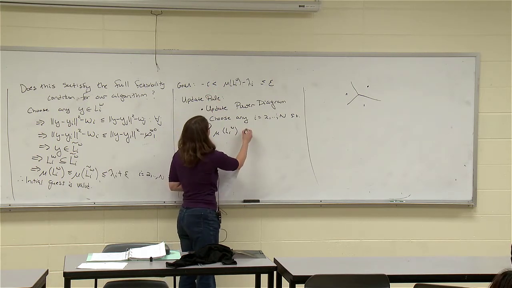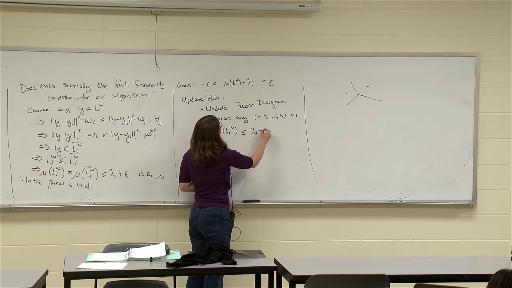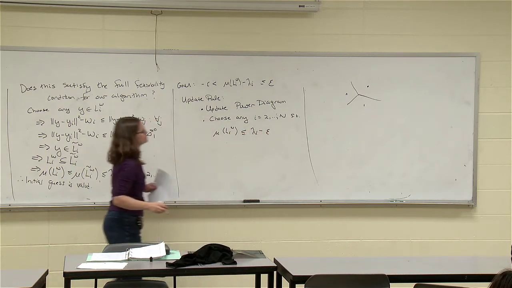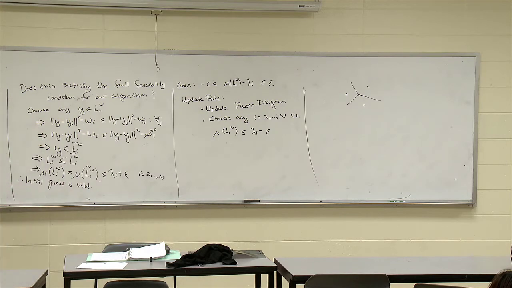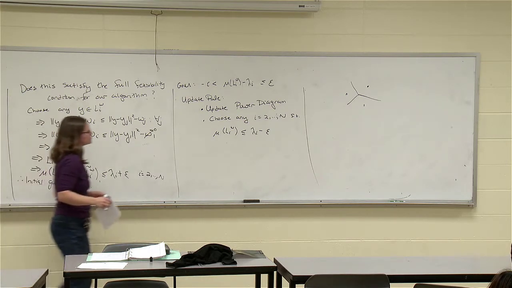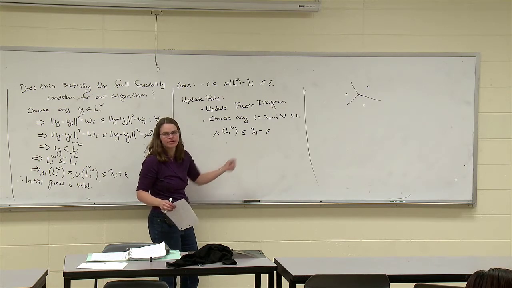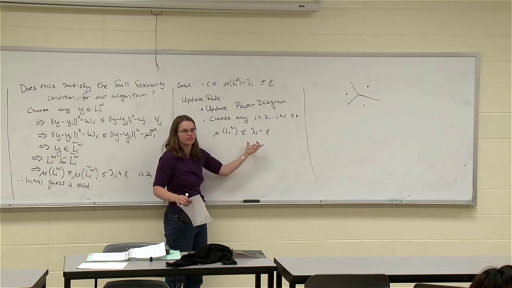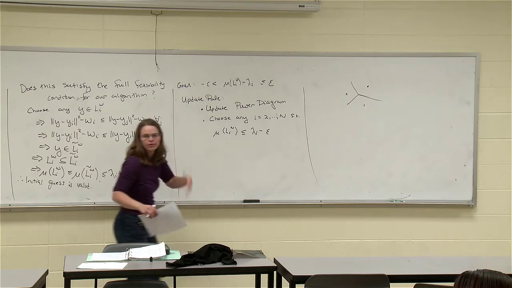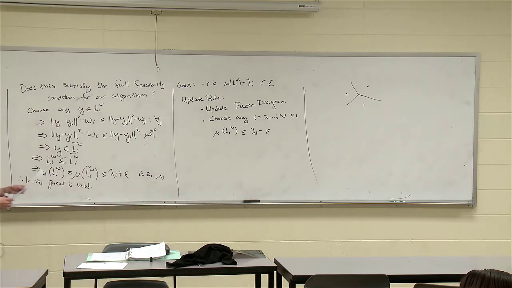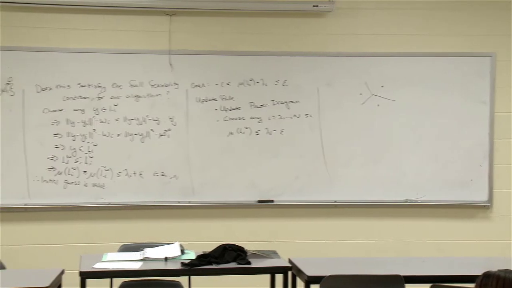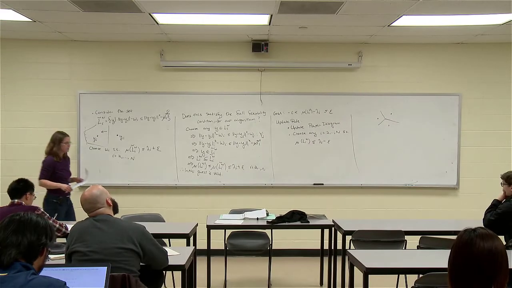So in other words, it's less than or equal to lambda_i minus epsilon. We want this difference to be bigger than or equal to minus epsilon, but right now we're missing the mark there. So we know that we need to play with this weight at this point.